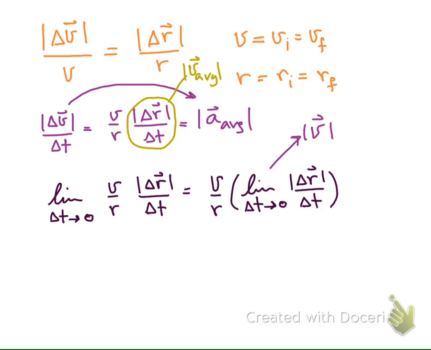And the magnitude of the velocity is the speed. So we can write this as V, which is the speed. We have discussed this before, that for the instantaneous velocity, the magnitude of the velocity is the speed. So this is equal to V.